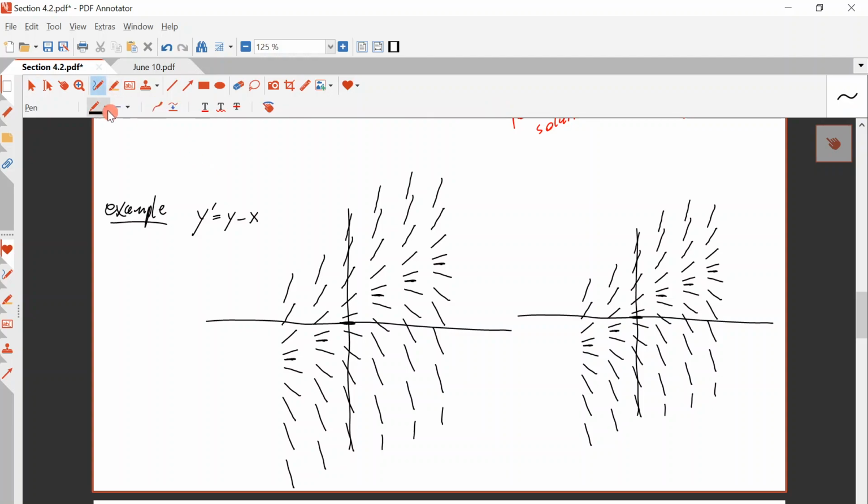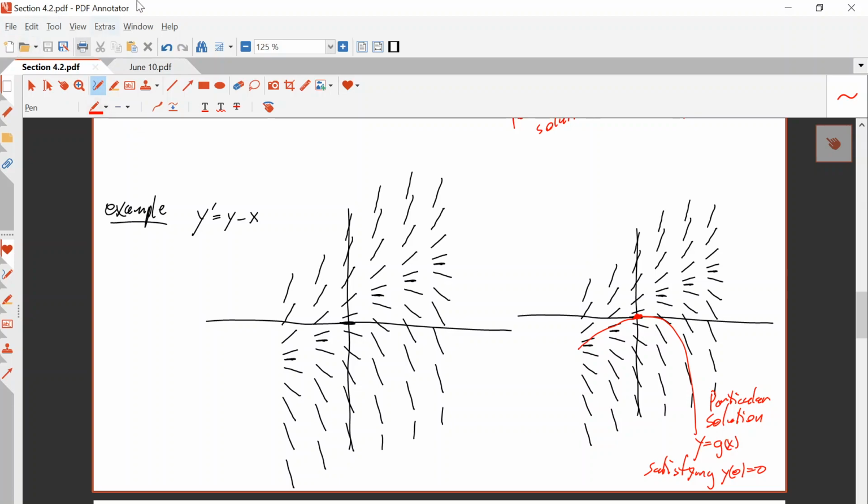And here is a solution passing through the point 0, 0, say, would look something like y equals g of x, satisfying y of 0 equal to 0. So, a particular solution. Okay, so these are direction fields.